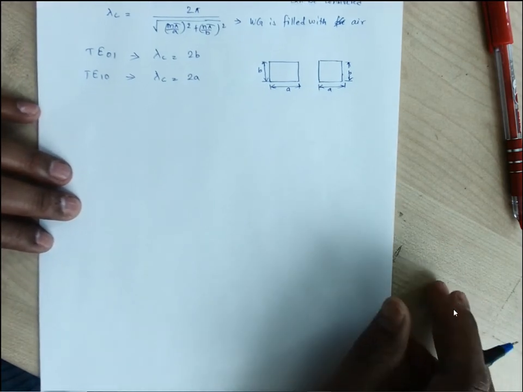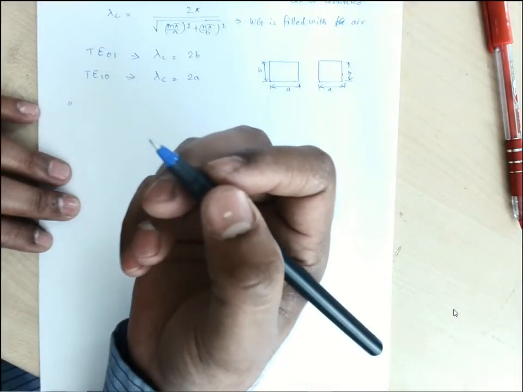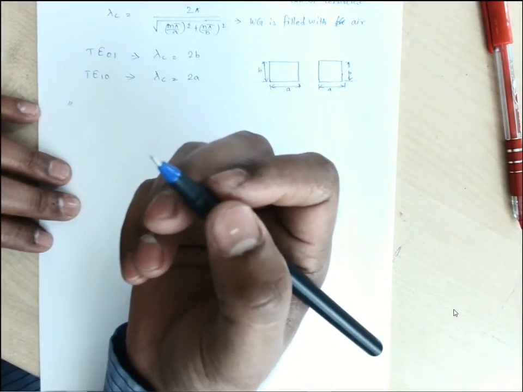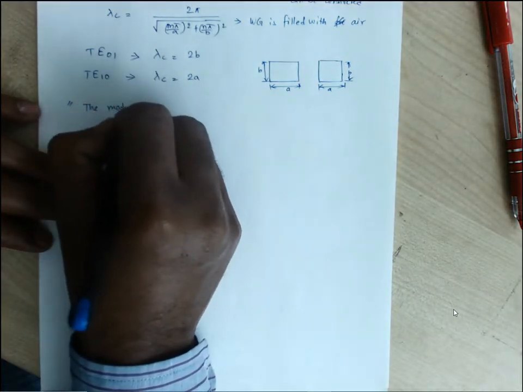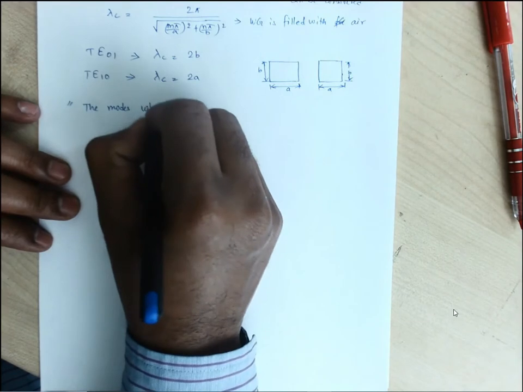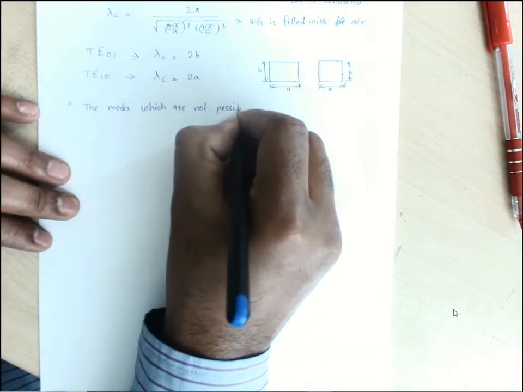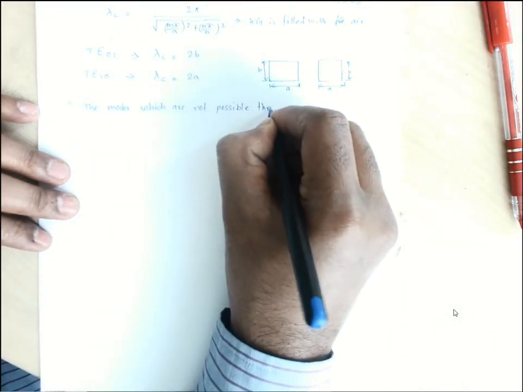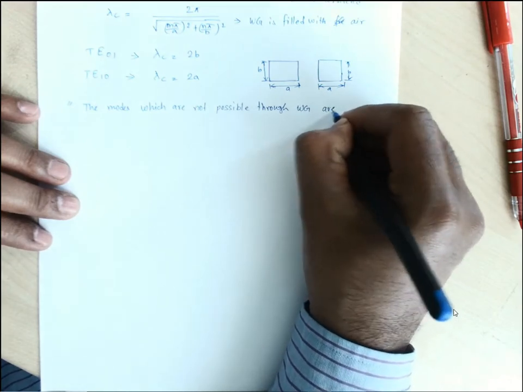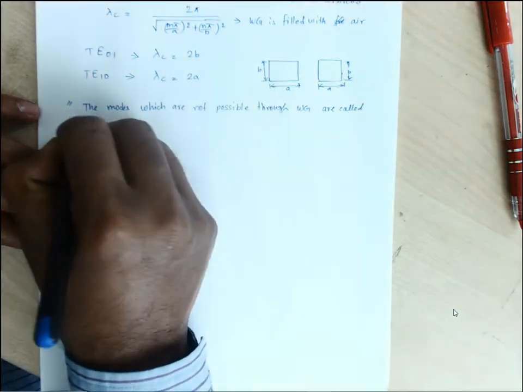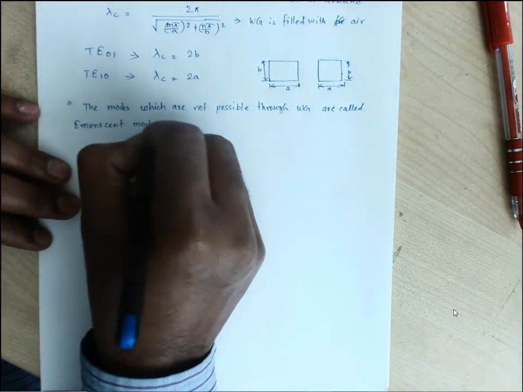Now if we consider evanescent mode, evanescent modes are those modes which are not possible through a waveguide. The modes which are not possible through a waveguide are called evanescent mode.